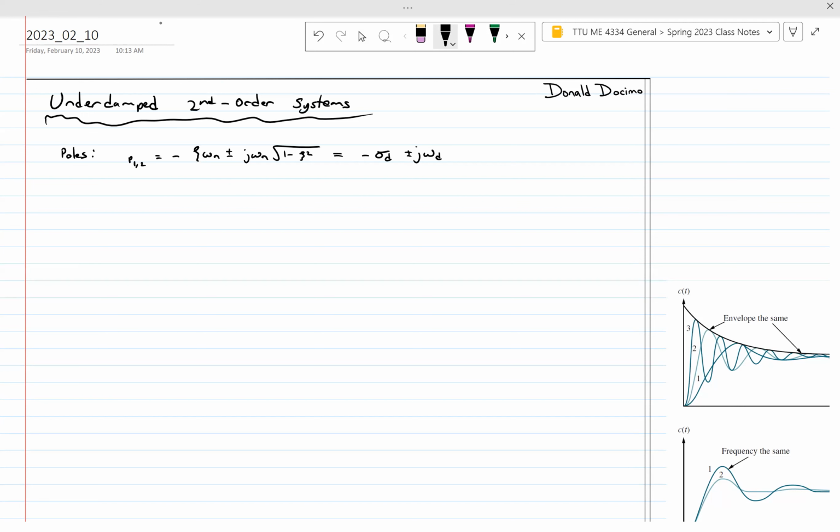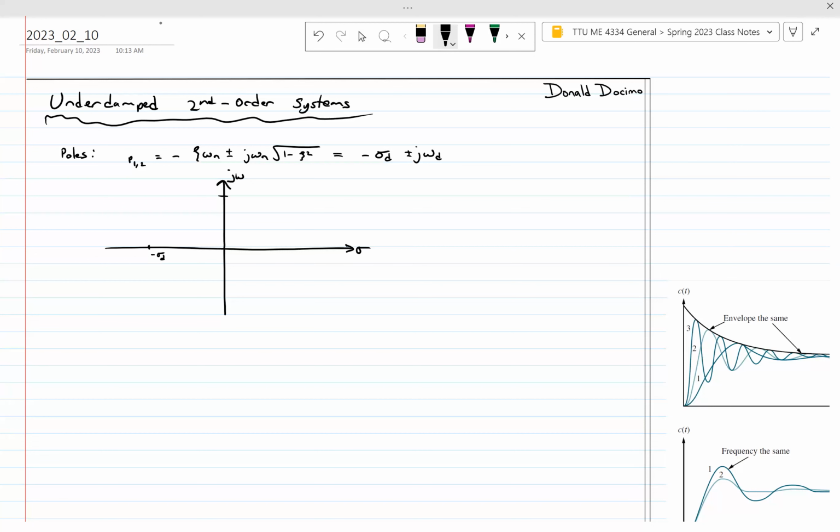All right, and so what we're going to do is just graph this out on our real and imaginary axes for our poles and zeros. So sigma, j omega, right? We have two poles here, right? They are going to be located at negative sigma d. Let's say that's like right around here.